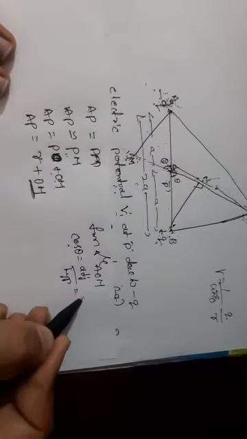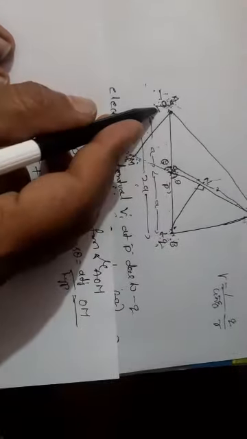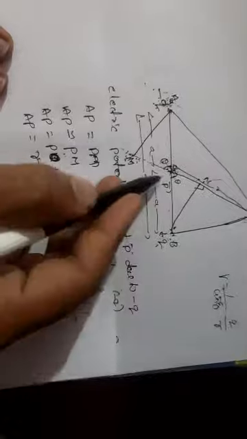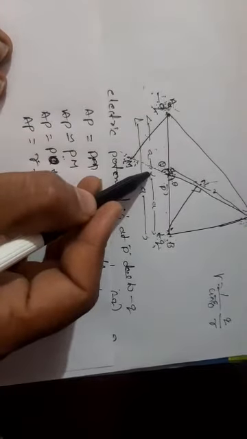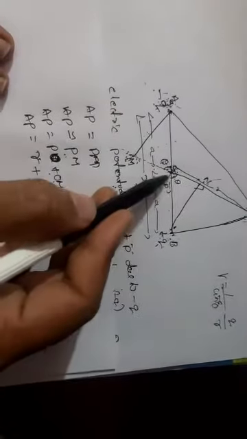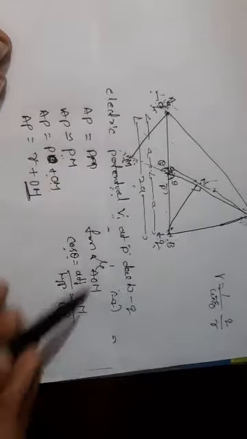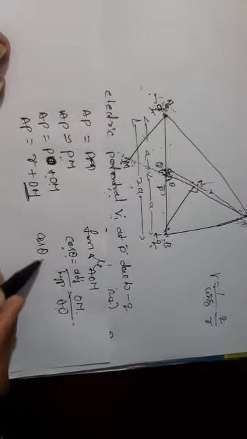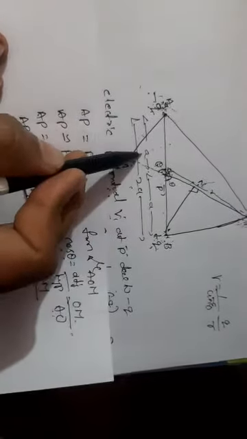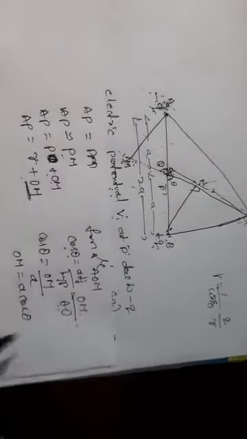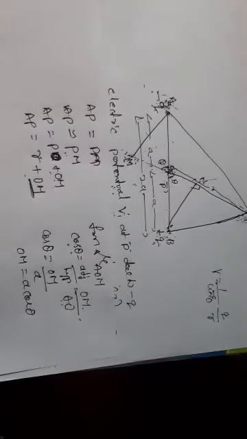So cos theta is equal to OM by AO, and the distance AO is small a. Cross multiply: OM is equal to a into cos theta.